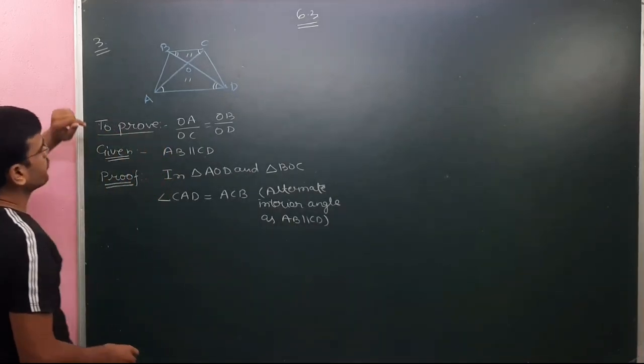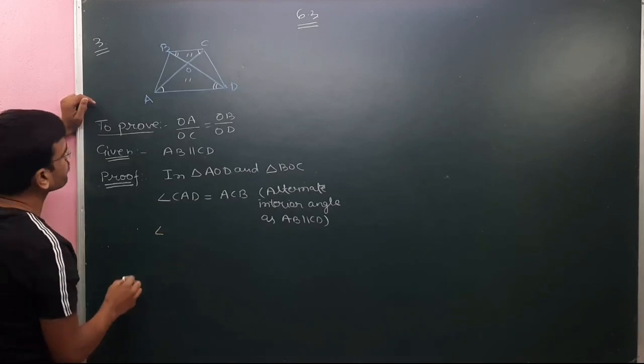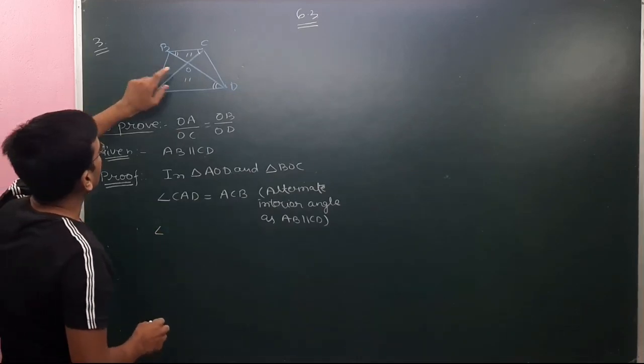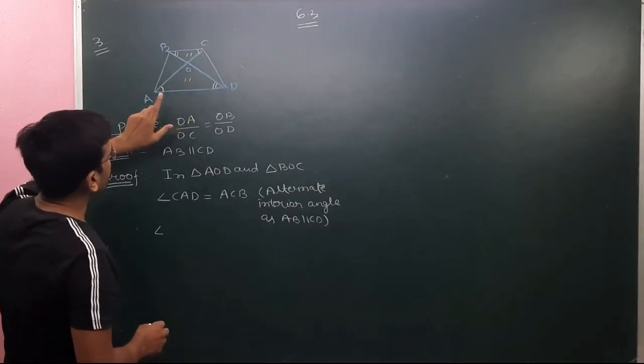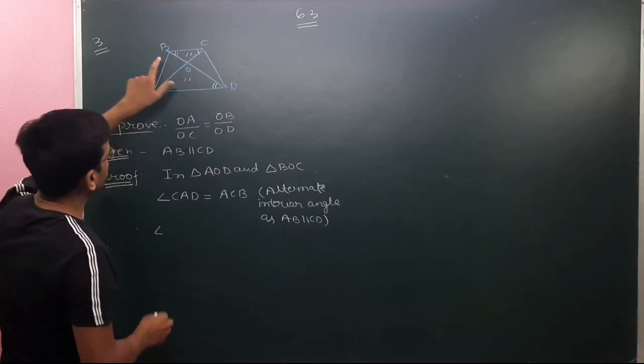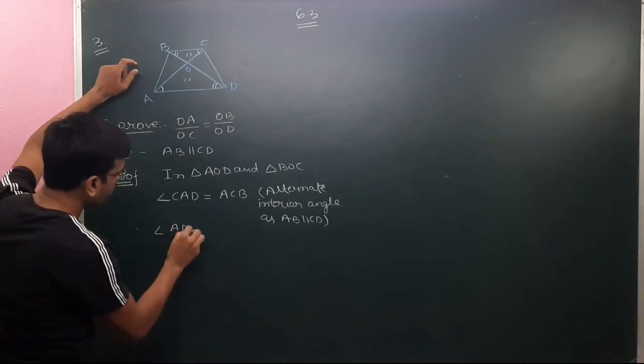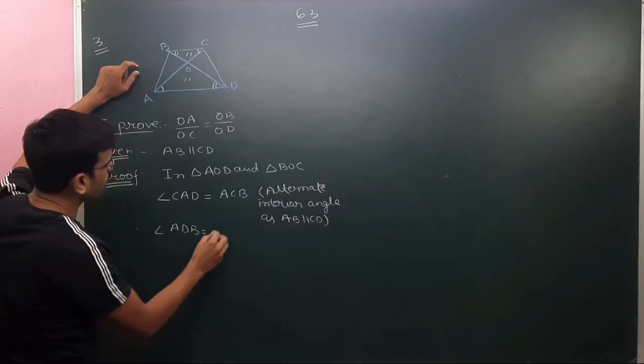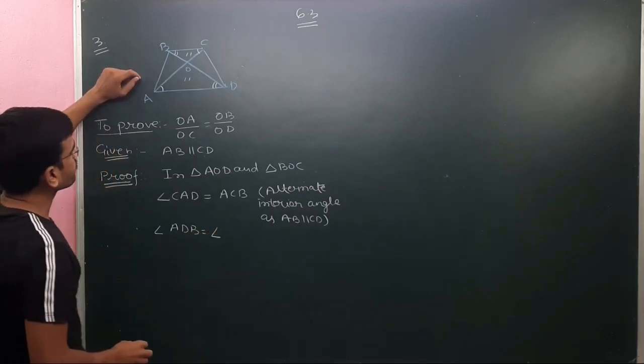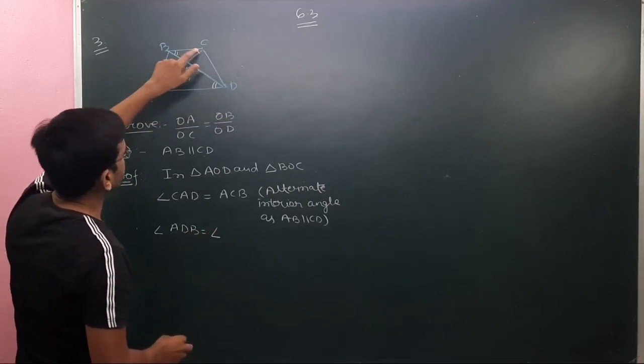The second is angle BCD or angle ADB. Angle ADB is equal to angle DBC.